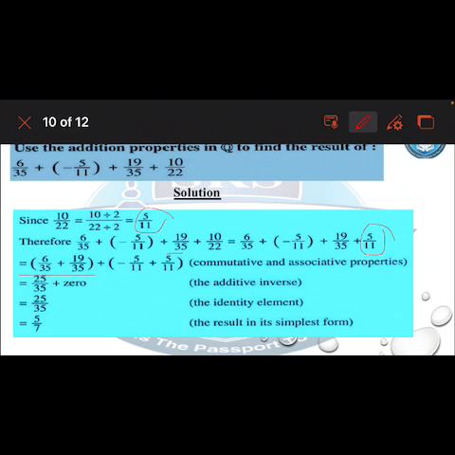So 6 over 35 will be with 19 over 35, and negative 5 over 11 with 5 over 11. Now negative 5 over 11 plus 5 over 11 will be 0, plus 6 plus 19 will be 25 over 35. Can I simplify 25 over 35? Yes, dividing by 5, it will be 5 over 7.